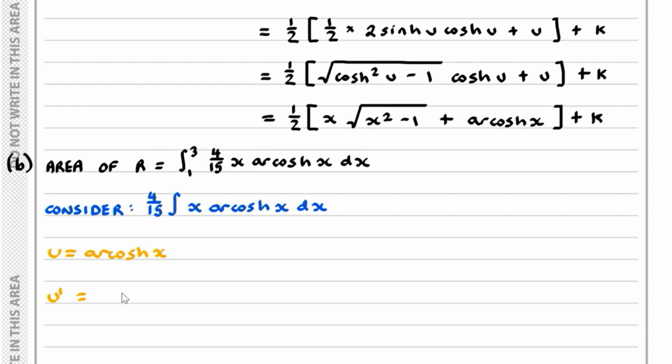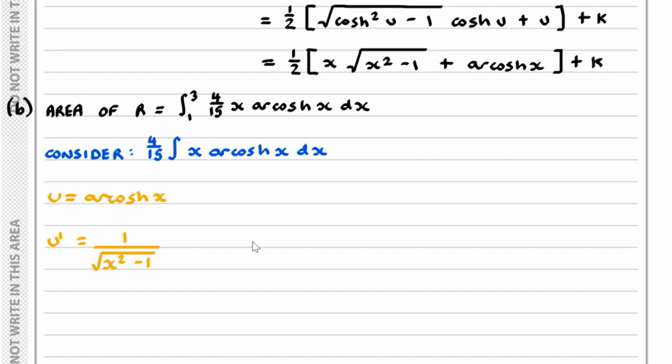So u dash is equal to 1 over x squared minus 1 square rooted. v dash rather is equal to x, and v, that's equal to 1/2 x squared.